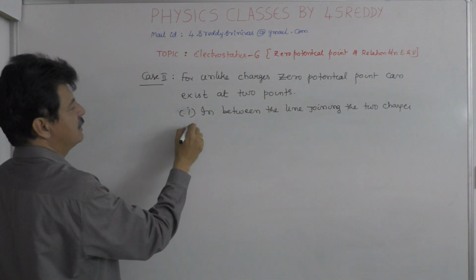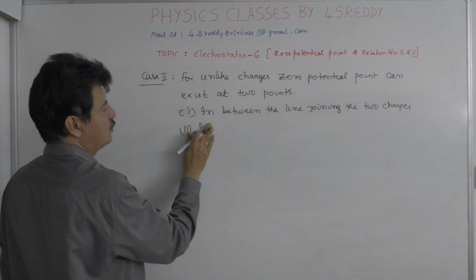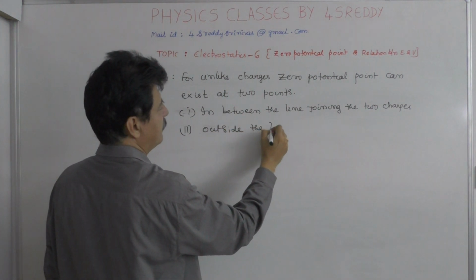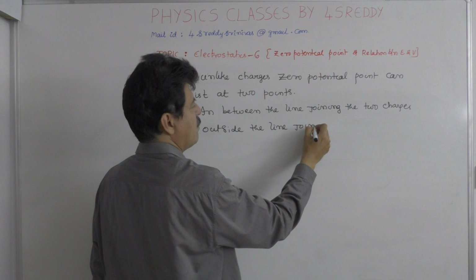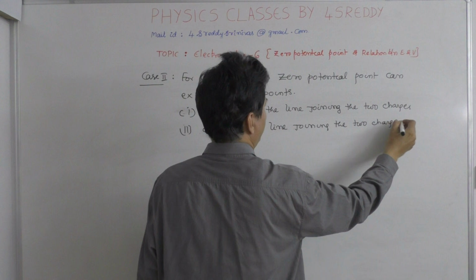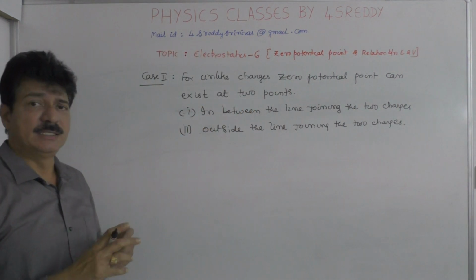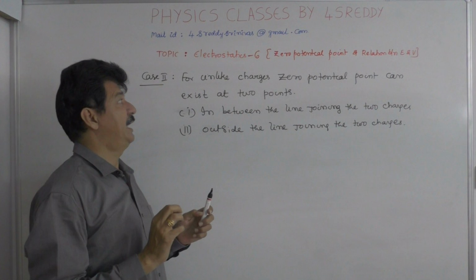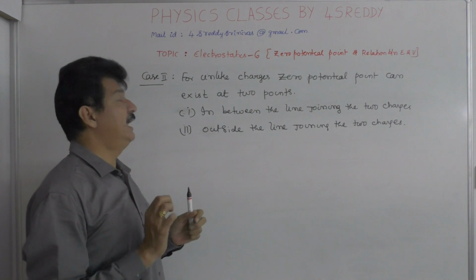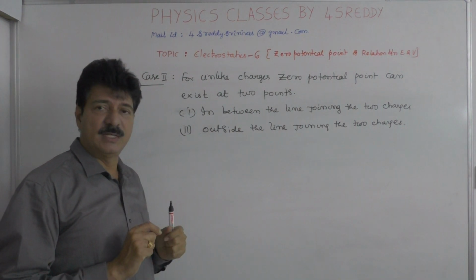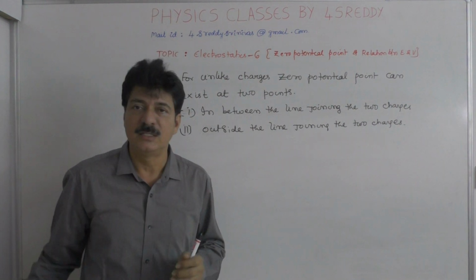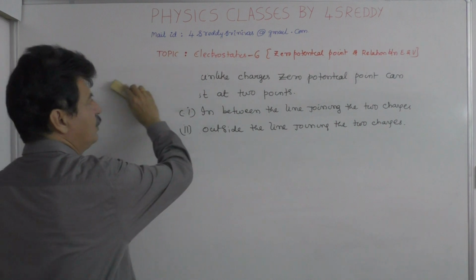The second one is outside the line joining the two charges. So, in case 2, the zero potential point can exist at 2 points for unlike charges. One is in between the line joining the two charges, and another one is outside the line joining the two charges. So, how to calculate this?